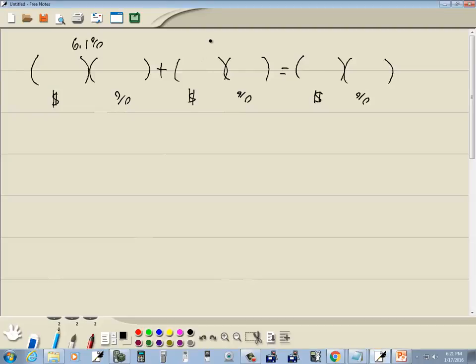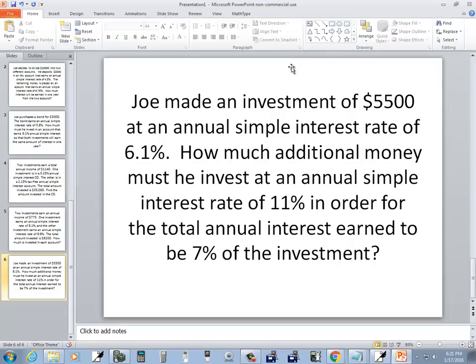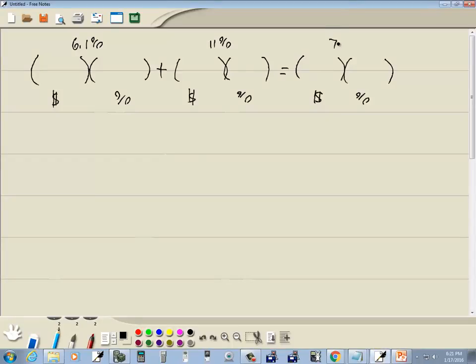The next one's 11%. And then what I end up with is 7% of the investment. We'll get back to that. First off, all these percents: 6.1% would be 0.061, 11% would be 0.11, and 7% would be 0.07.